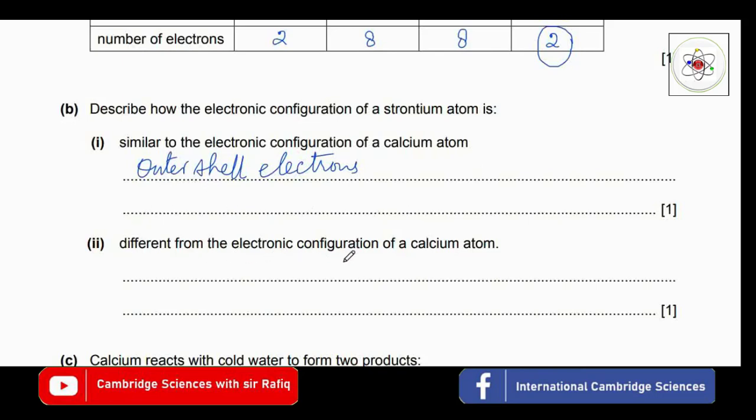So the difference is that the strontium atom has 1 more shell. The number of shells will be the difference, right?